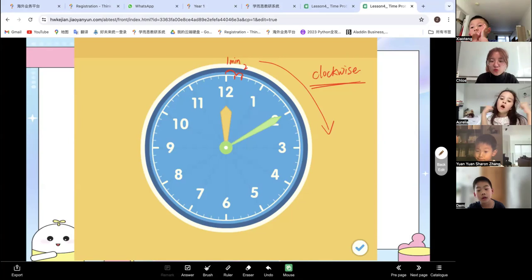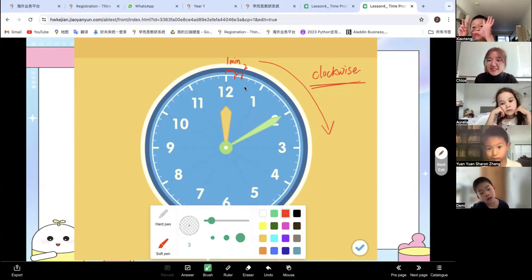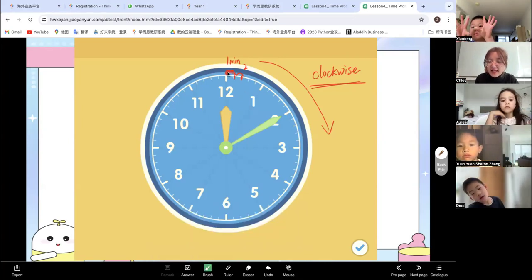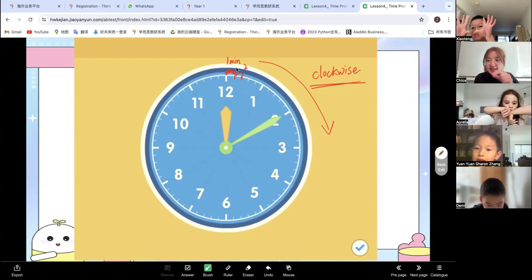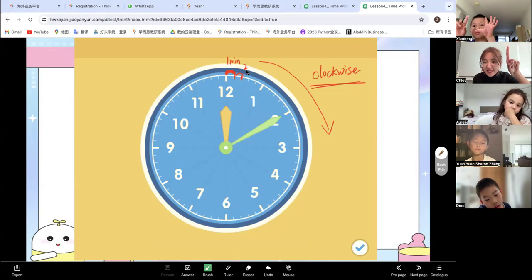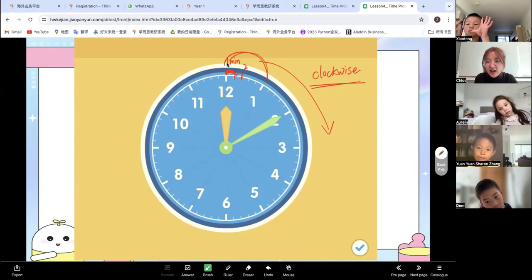Very well done. So what can we know, everyone? Each smaller section will represent 1 minute. But for the larger section, can you see? The larger section will represent 1 hour.